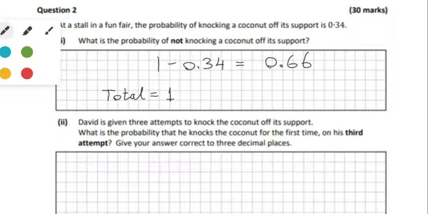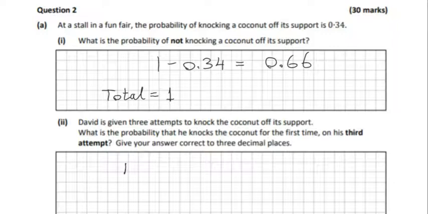So it's going to be not knocking off, not knocking off, and then knocking off. Okay, or you could say miss, miss, hit. Okay, whichever it would suit you.